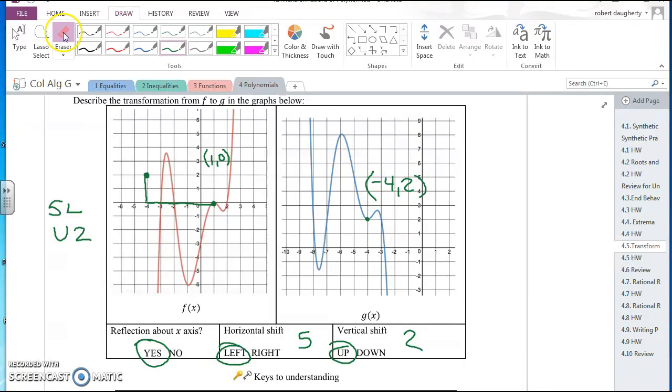Now we could just sort of redo this. Let me just say, let's pick another point. But you want to pick a point that you actually know precisely where it is on the graph. If I were to pick this point right here, I don't exactly know where that point is. I know it's between -3 and -2. That's not a good point for me to pick.